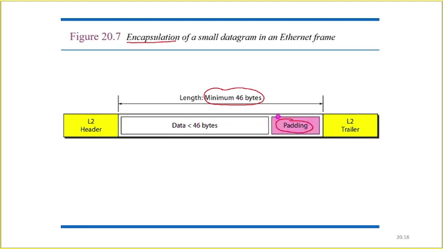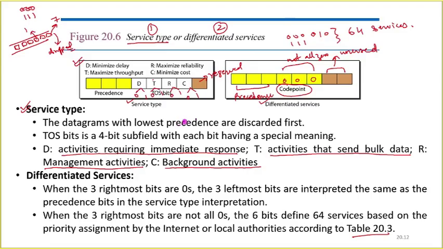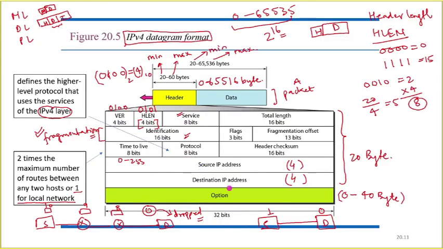So similar padding is also used here. In options and padding, whenever there is a requirement of bits to satisfy the minimum criteria, we should add extra zeros. That is called the padding, and that comes under options and padding.